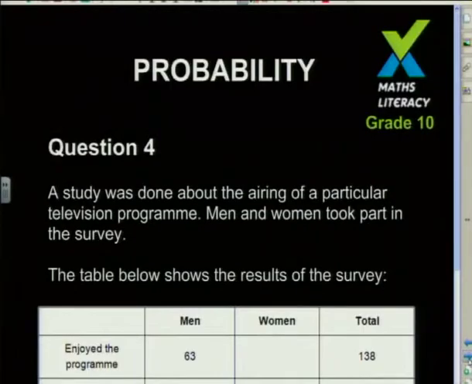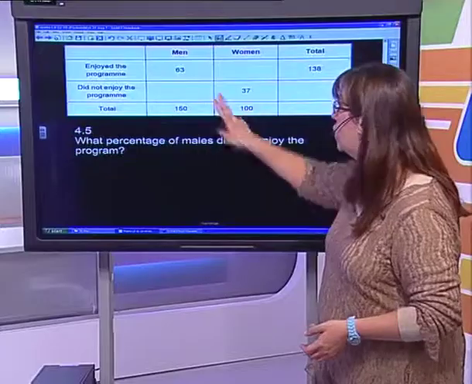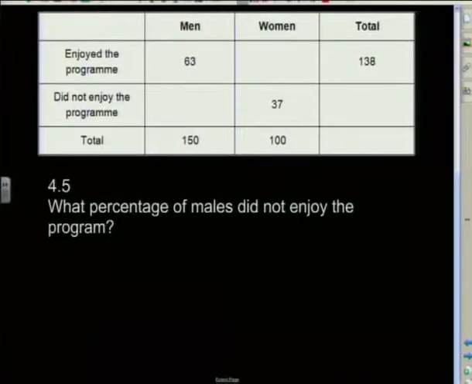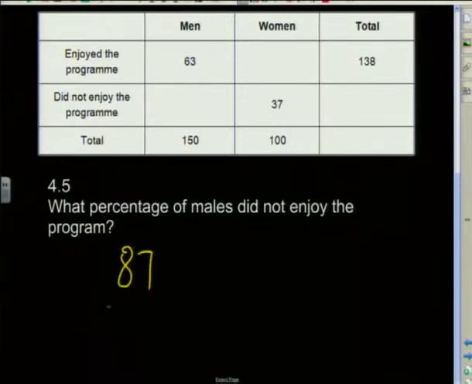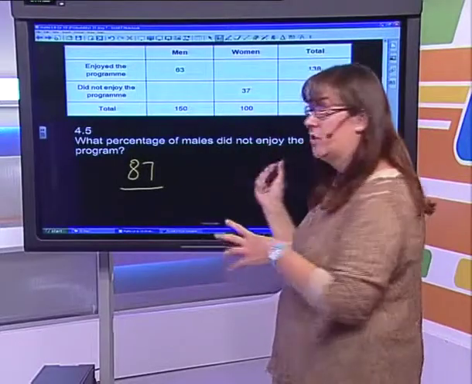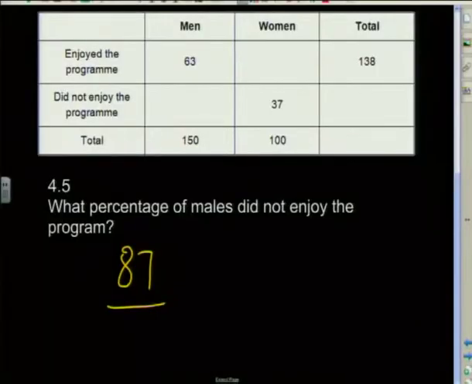Okay, next part of our question was, what percentage of males did not enjoy the program? So we're going to find our males who did not enjoy the program. How many males did not enjoy the program? I can't remember what that number was. It was 87, I remember it now. So there were 87 males who did not enjoy the program. Now, we're looking at the percentage of males, so we're looking at the total of males, and that's 150.